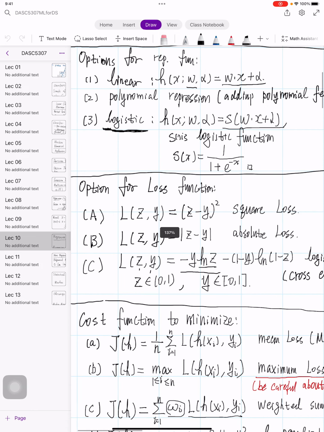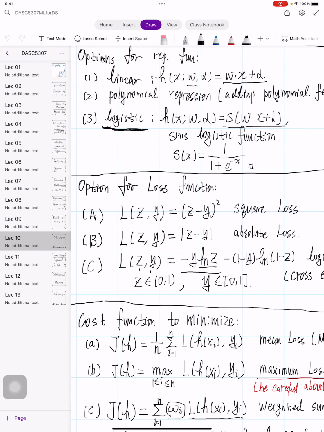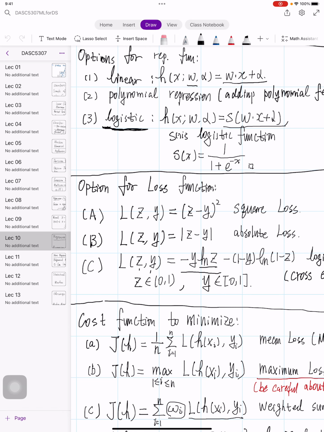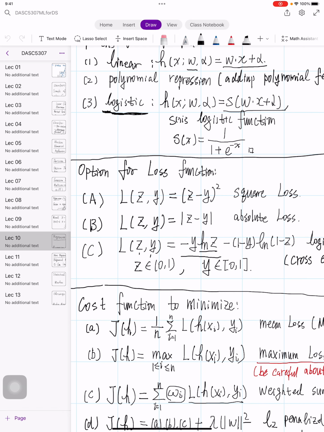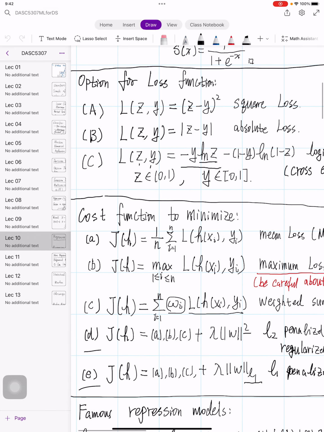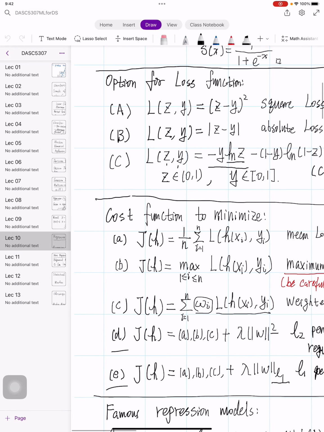Okay, so the model is linear regression. And the loss is a squared error loss. So loss is (y minus z) squared. Maybe I should use the parentheses here. And the cost function is the average cost, the mean loss function.